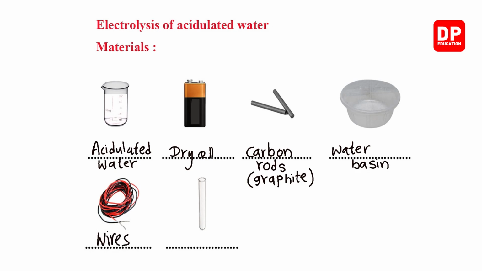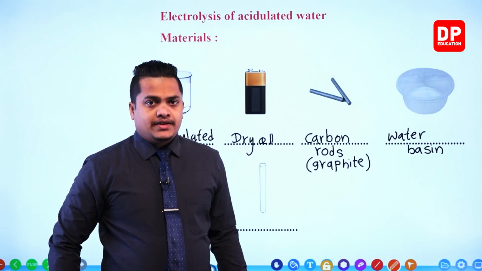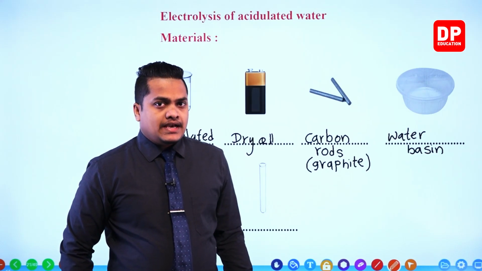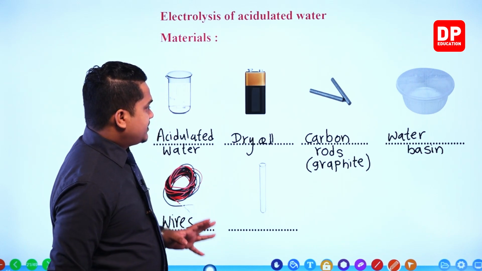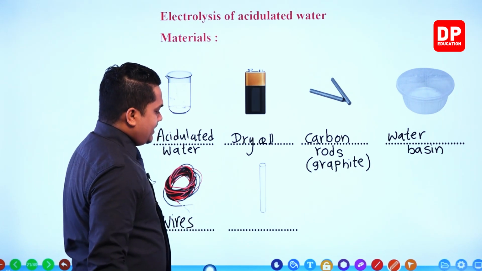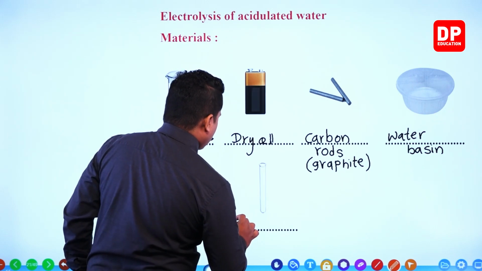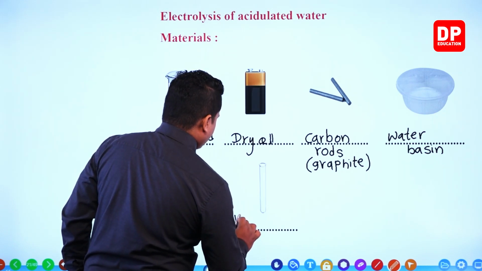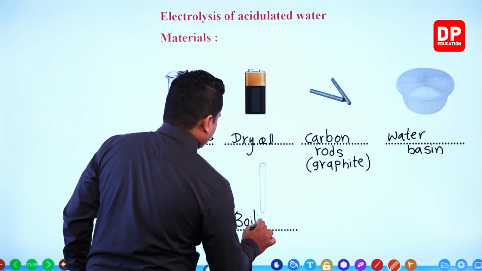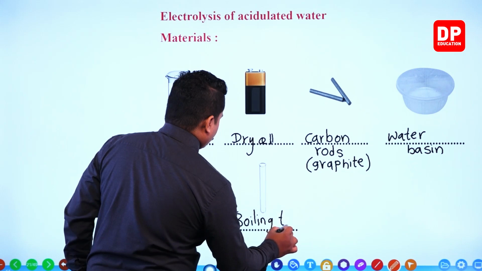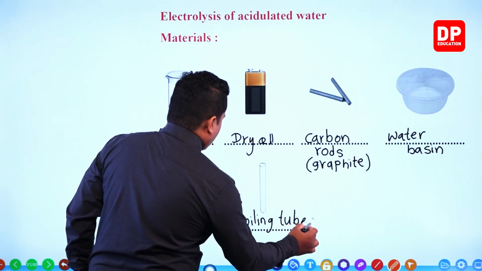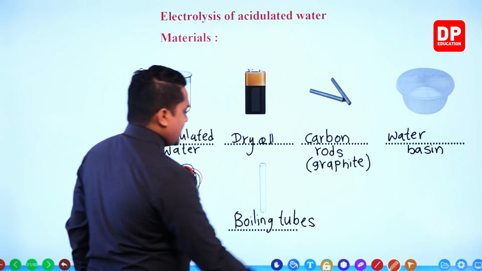and to collect the gases which are going to emit from the system, we'll be needing two boiling tubes or else measuring cylinders, okay. So I'll mention boiling tubes. Sometimes you can also use gas jars.